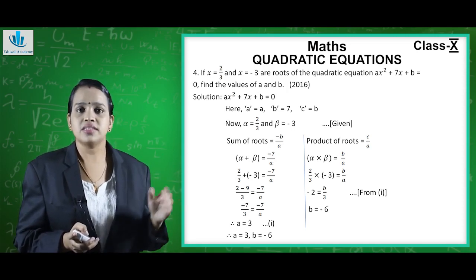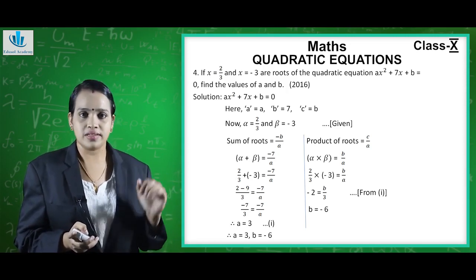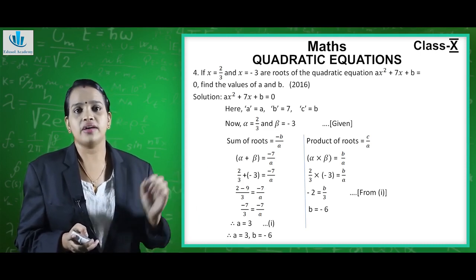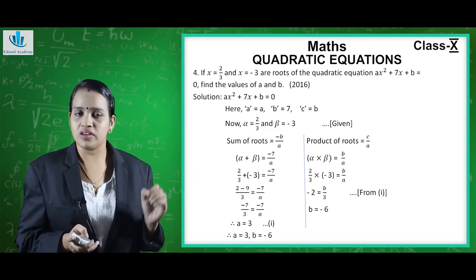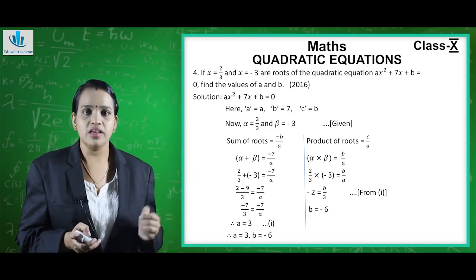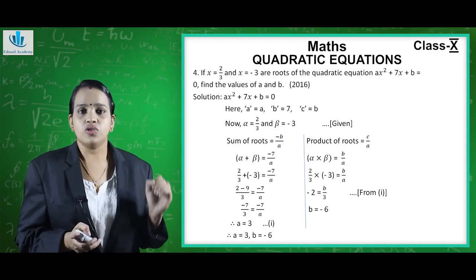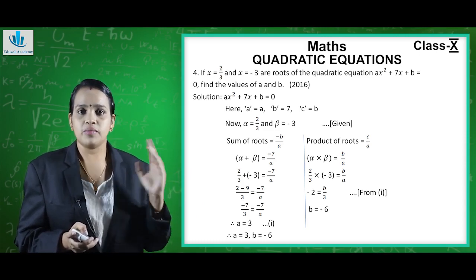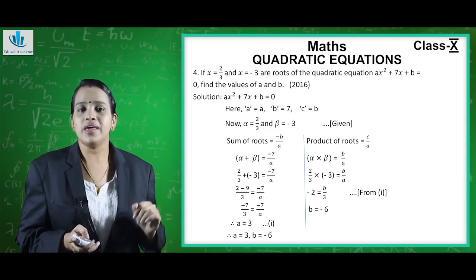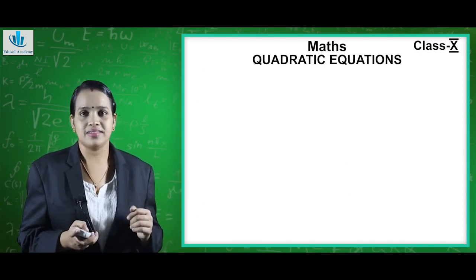Our 3 and 3 get cancelled. So minus remains. So it becomes minus 2 is equal to b upon, and from equation 1 we have got the value of a. So we can put the value of a here. So it becomes 3, so b upon 3. So we can say that when we take 3 to the other side, it multiplies, so it becomes b is equal to minus 6.